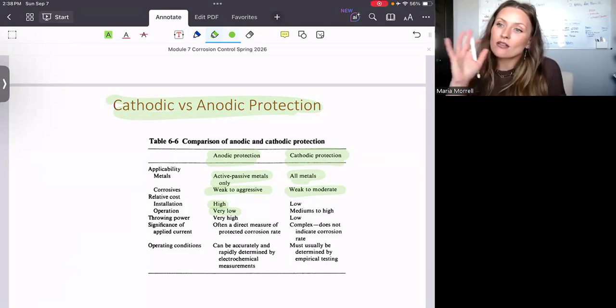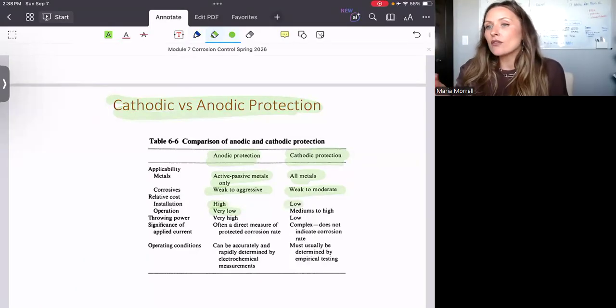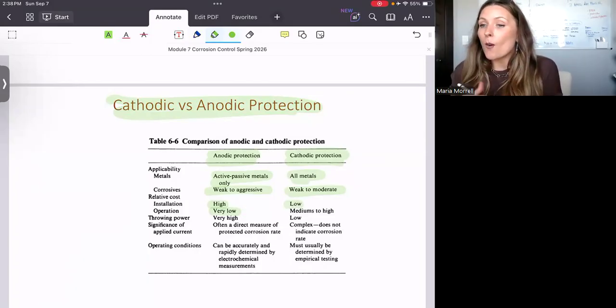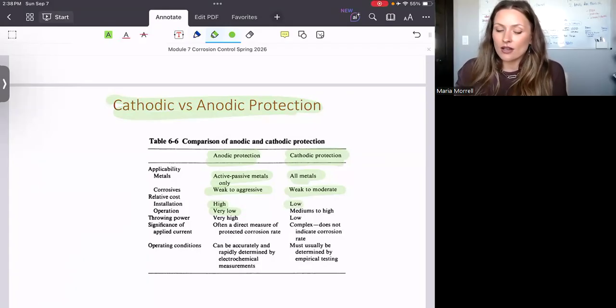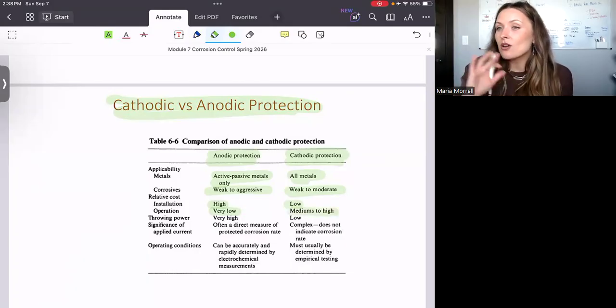Now, when it comes down to cathodic protection, the installation cost is very low, and a lot of you who may either already own a boat or may own a boat in the near future will be dealing with cathodic protection. You'll be buying the sacrificial anodes and sticking them to the bottom of your boat if you wish your boat to serve a really, really long time. However, the operation cost is from medium to high.